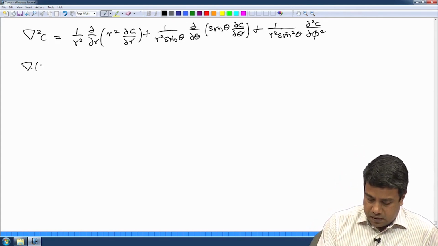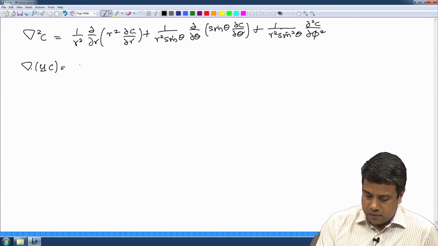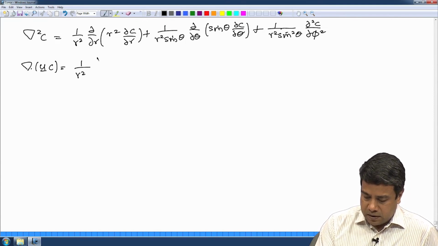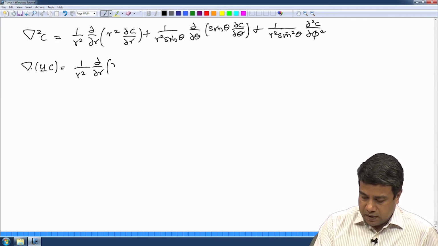Del dot u c is equal to 1 by r square d by dr of r square u c.